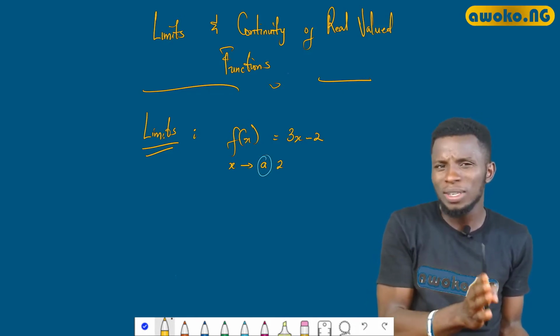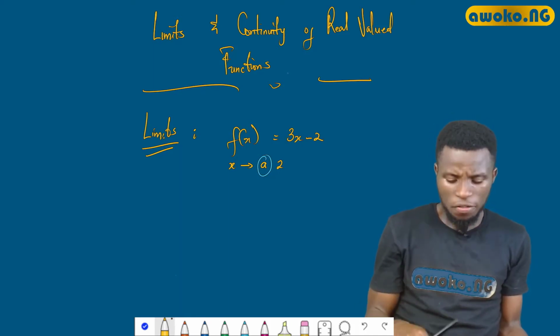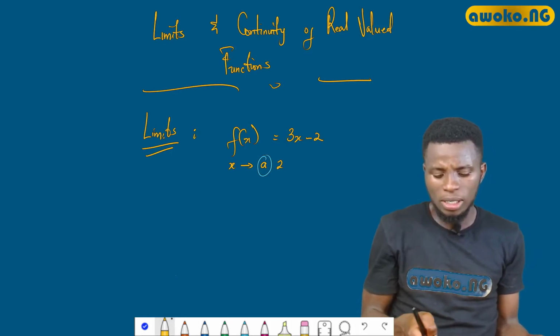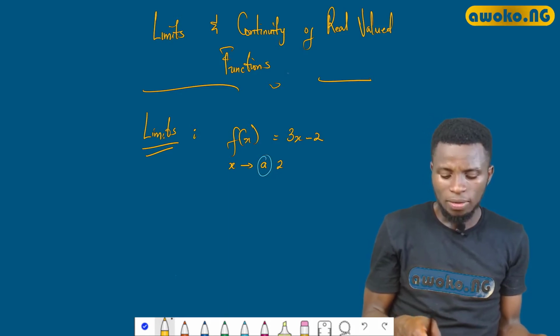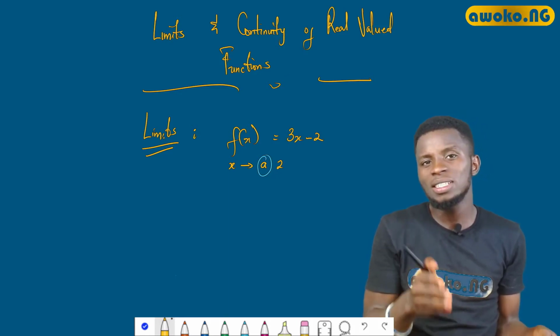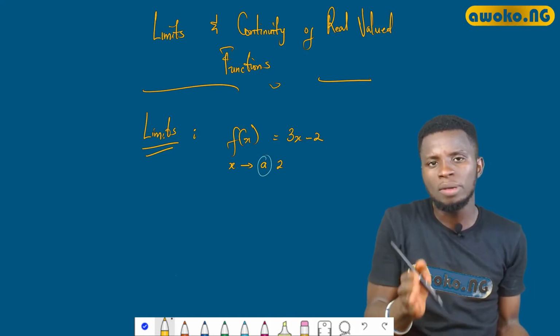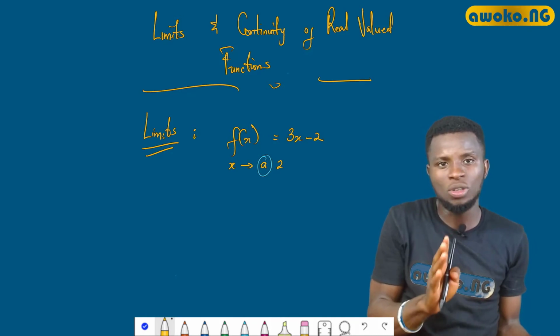So follow me closely as I show you how this is done. If our intention is to check how this function behaves when the independent variable x tends to 2, remember, it approaches 2, but it must not get to 2. That is our major focus.